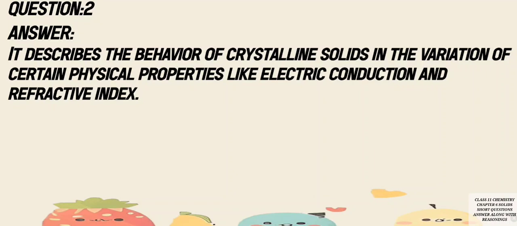And then you are going to tell that crystalline solids show anisotropic behavior, that is, properties like mechanical strength, refractive index, and electrical conductivity depend upon direction. So question number 2 answer you can write in this way.